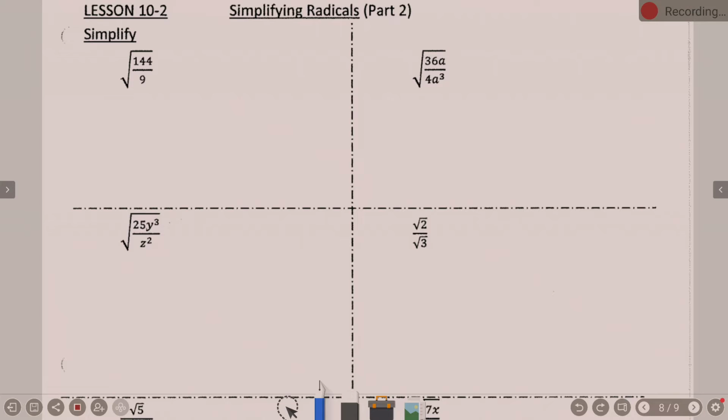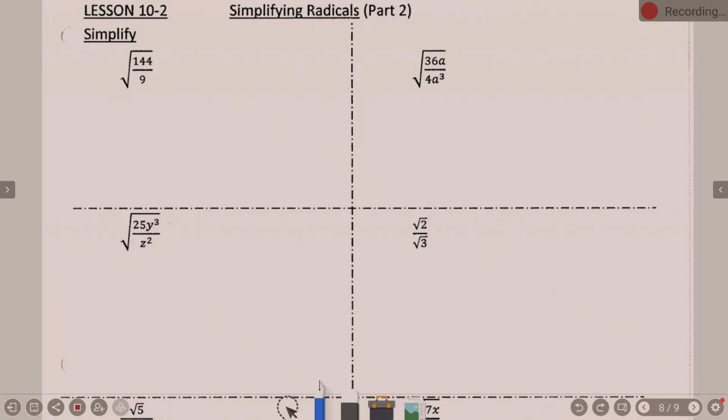They're perfect squares. Each of them. Is 144 on my blue paper? You have to go to the next column, right? 144 is a perfect square. Is 9 a perfect square? That's the easy one. So, one option is to just take the square roots.